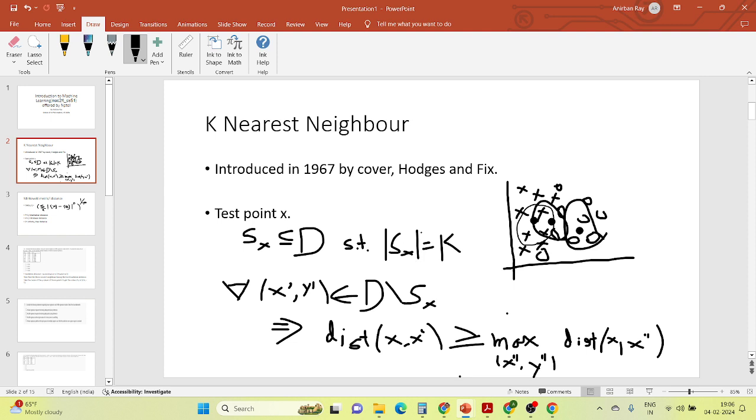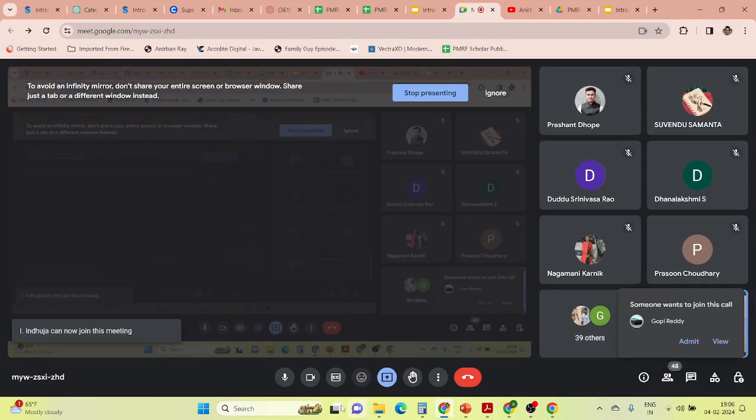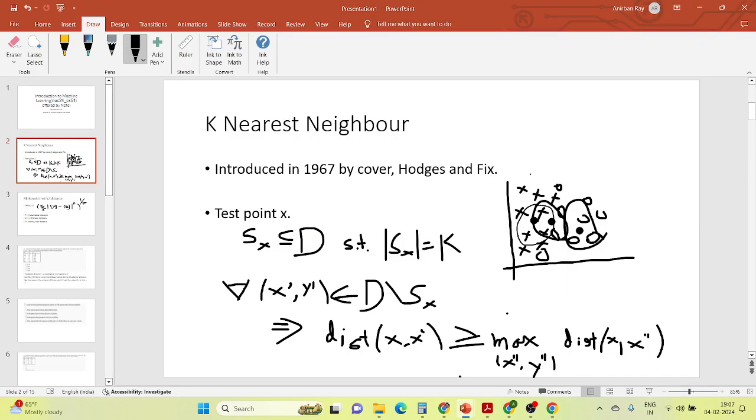Cardinality means the number of points that are in Sx. So what do I mean by this? There are k points that are nearest to x, and they are in the set Sx. There is also a bigger set D containing Sx.